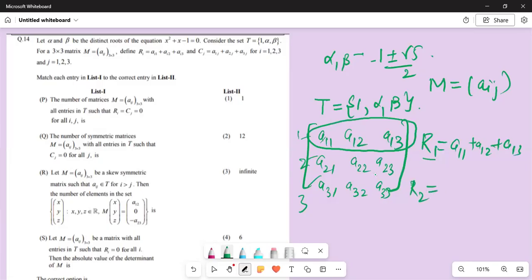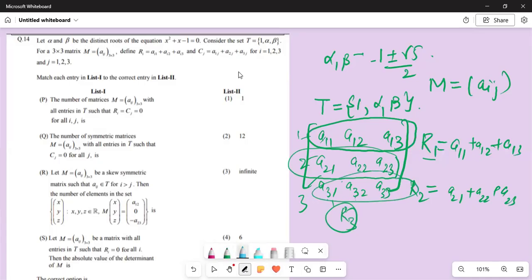Similarly, R2 is the sum of the elements of the matrix in the second row. This is A21 plus A22 plus A23. And similarly, for the third row, they have defined R3, sum of the elements A31 plus A32 plus A33.